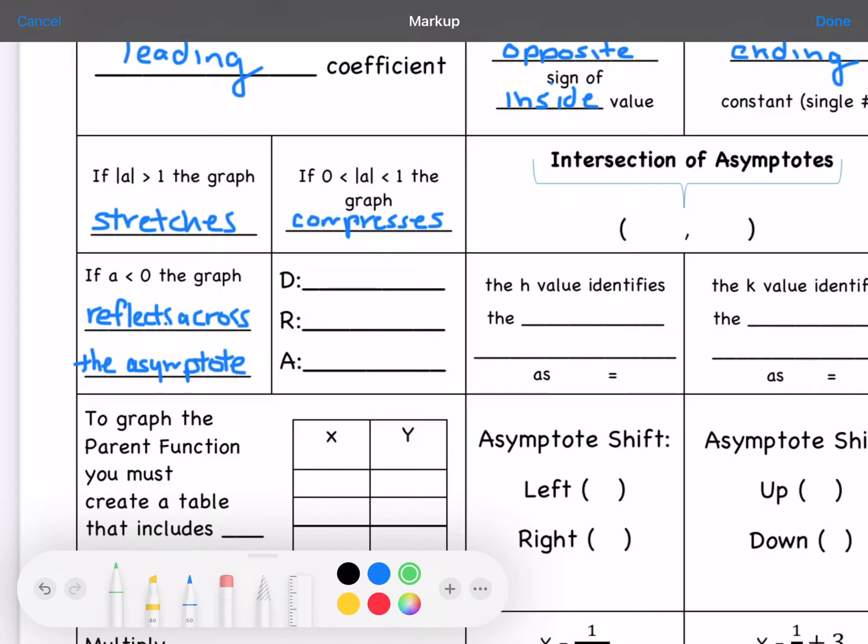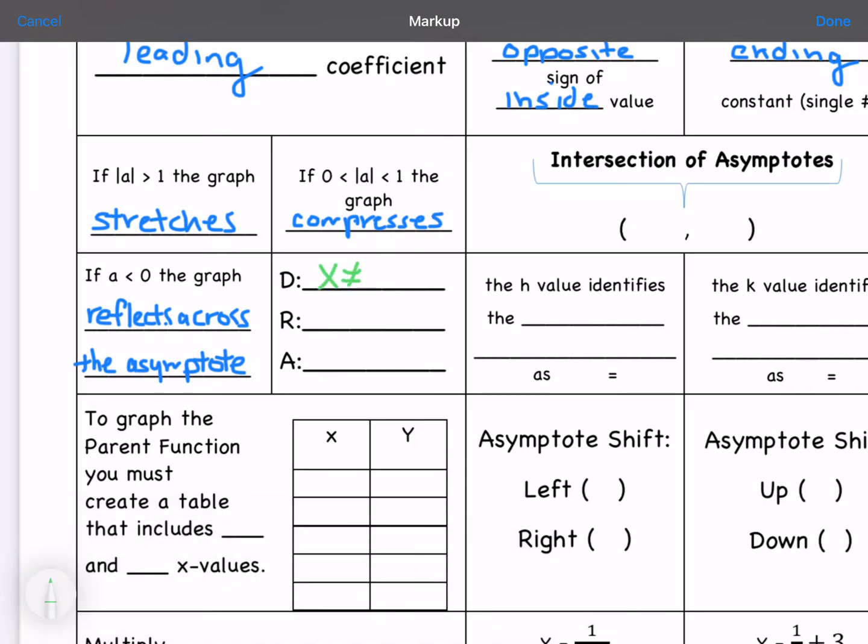And so now the domain is all reals except x can't be h. It can't be the h value. That's where an asymptote is at. The range is all values except it can't be k. And so that means our asymptotes are at x equals h and y equals k.